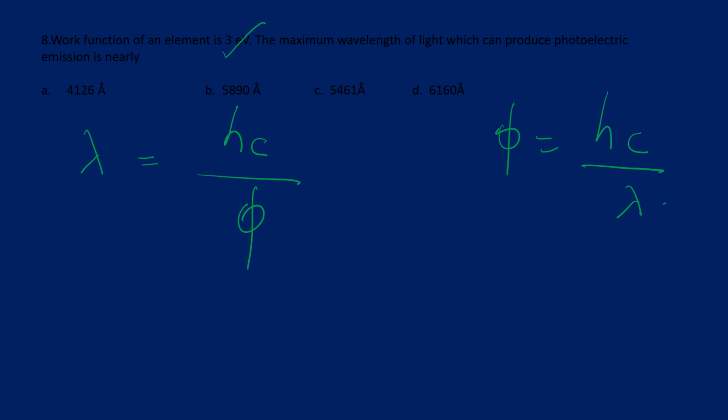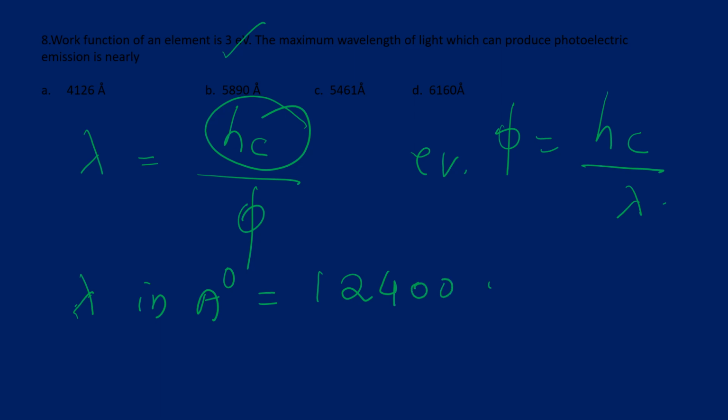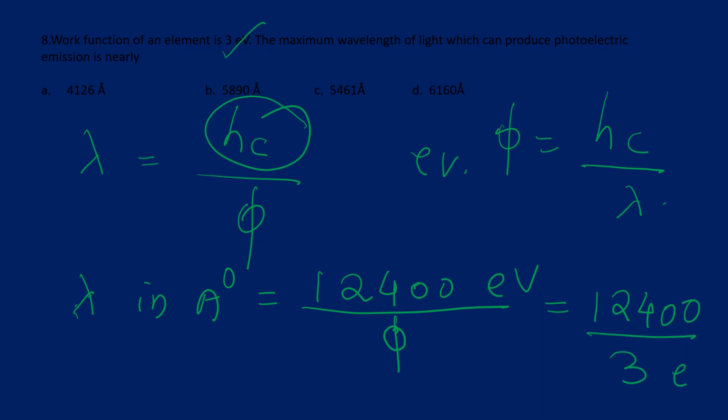When we calculate hc in electron volt, lambda in angstrom is equal to 12,400 electron volt divided by phi. So 12,400 divided by phi, which is 3 electron volt. When you calculate this, you will get approximately 4120.